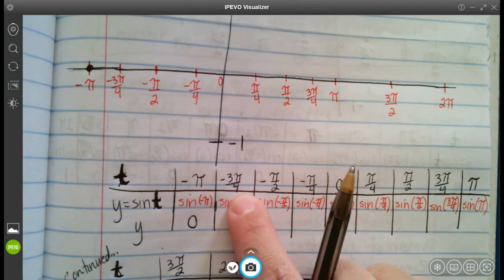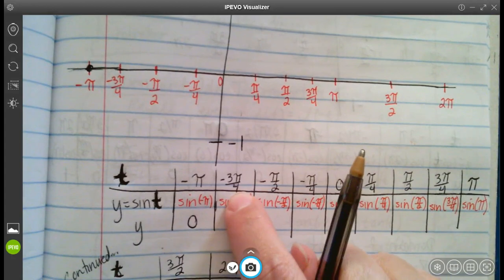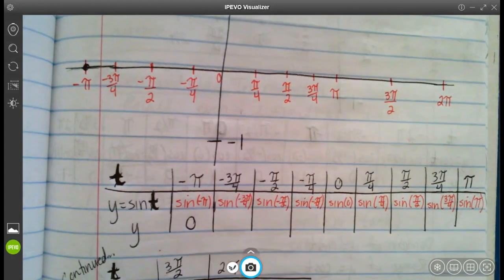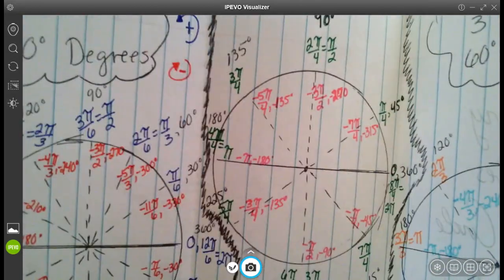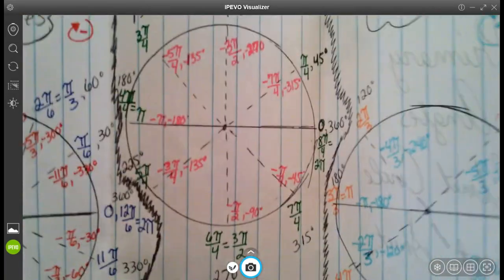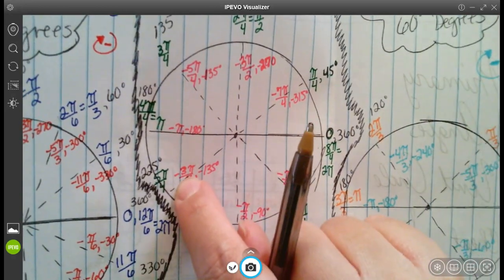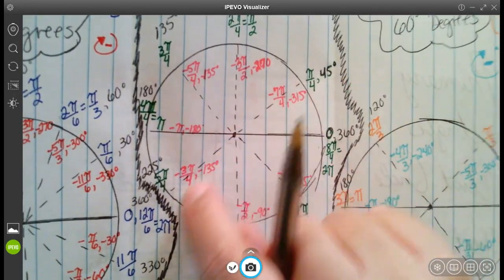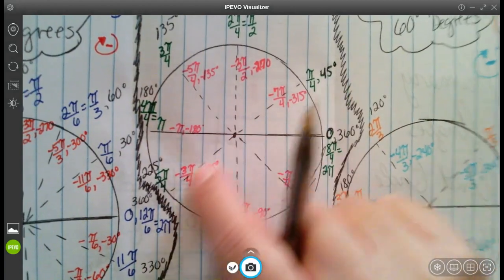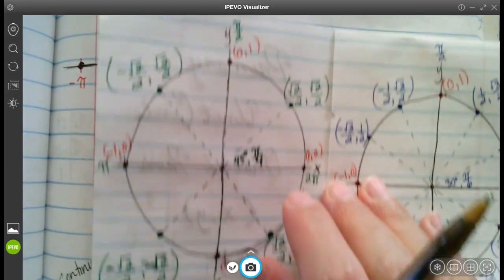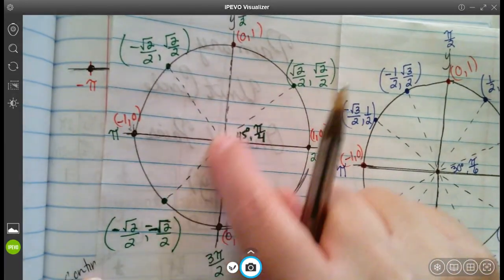Next is negative 3 pi fourths. It has a denominator of 4, so I'm going to look at my pi fourths one. Again, we're going to use a combination just because it's the negative ones. I want pi fourths, so that's going to be the middle one. So I have negative pi fourths, negative pi halves, and negative 3 pi fourths is right here, this section right here. I'm going to cross-examine that with my chart over here. It was this section right here.